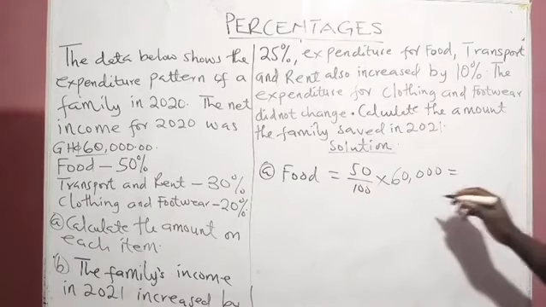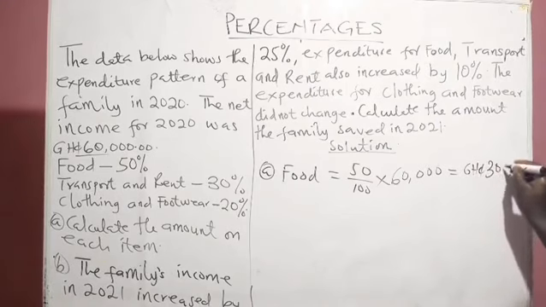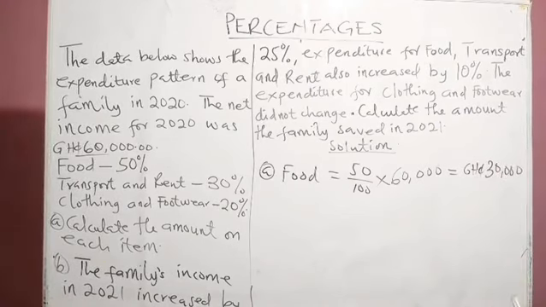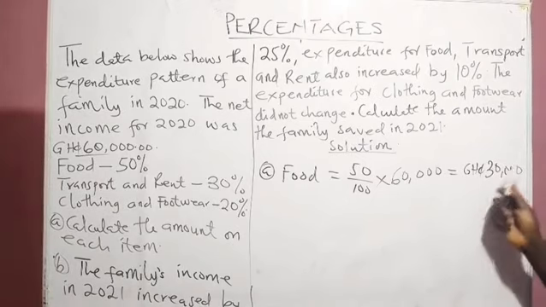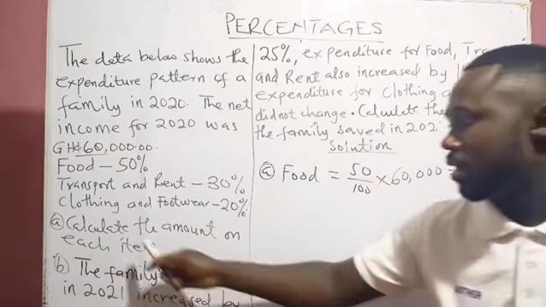And 50% is half of 60,000, so that will give us 30,000 Ghana cedis. So on food, they spent 30,000 Ghana cedis. That is what the family spent.